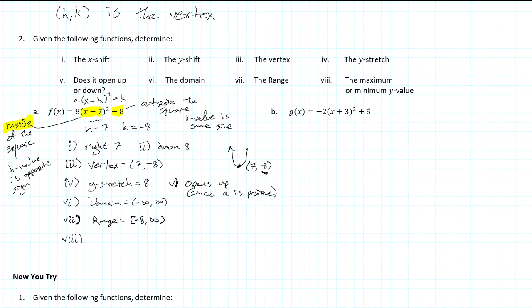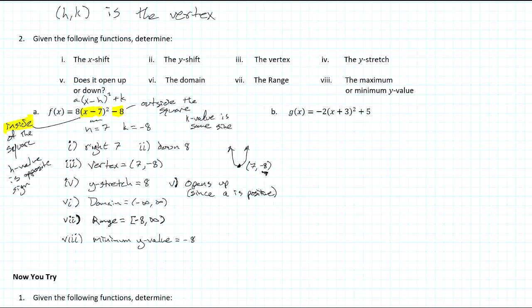With the parabola having this shape here, where it's upward facing, it has a minimum y value, the smallest y value. It doesn't have a maximum y value because it keeps going up forever. But the minimum y value is negative 8.